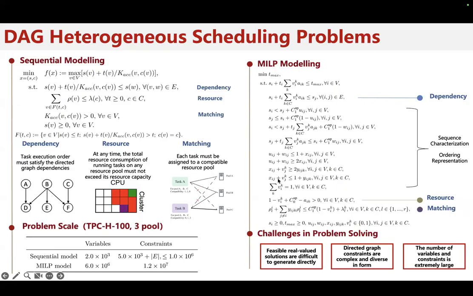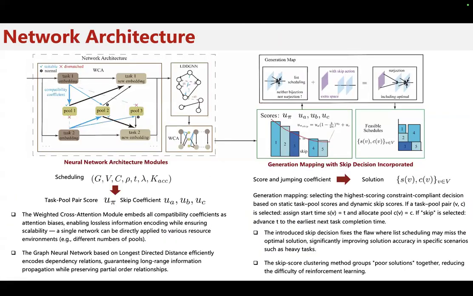So instead of considering the mixed integer linear programming formulation, we consider sequential modeling. And this allows us to construct a neural network. There are certain details, but essentially we input the data and we generate the solution.